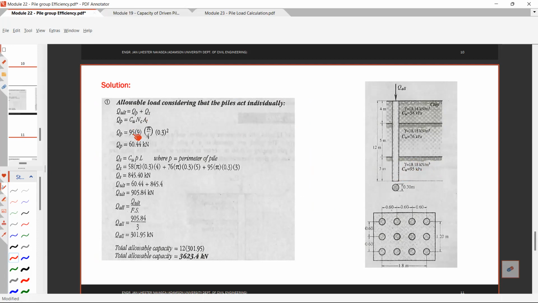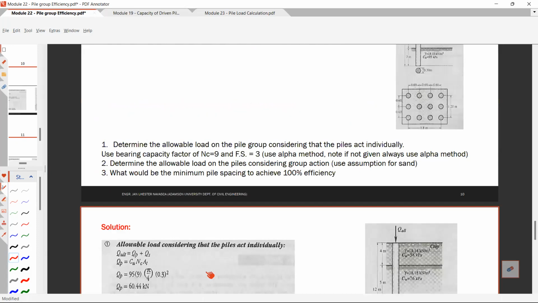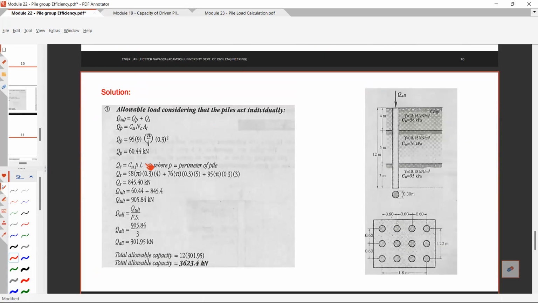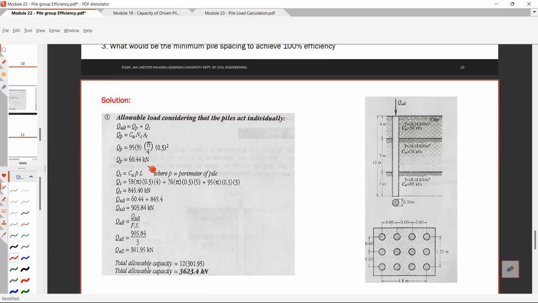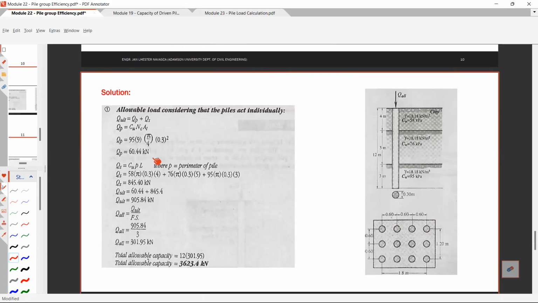So you will use a cohesion value of 95. The given bearing factor is 9. Then A tip, the area of the tip, is pi over 4 times 0.3 squared. Therefore, the end bearing capacity is 60.44 kilonewtons.